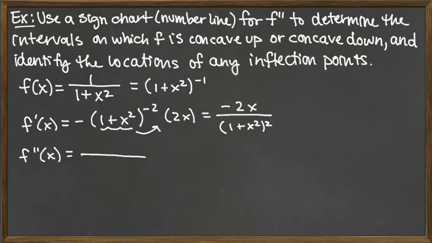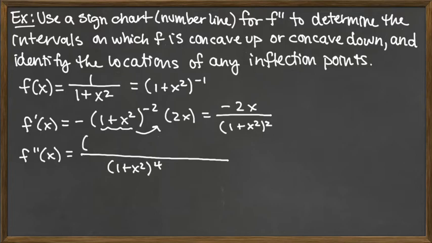So for our quotient rule here, we would have the denominator squared, and so that would be the 1 plus x squared. And now instead of raising it to the second power, it would be to the fourth power because it's squared and then squared again. And so then when we complete the derivative by putting the quotient rule part on the top here, we have the derivative of the top.